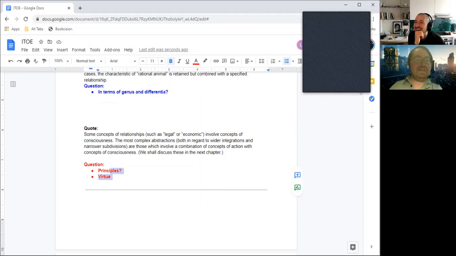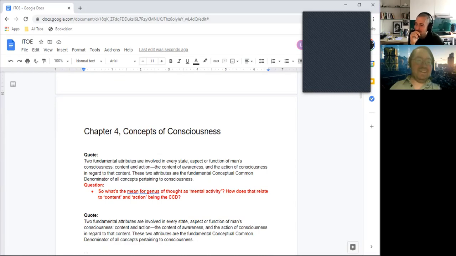It's hard to tell the difference between a value and a virtue. Values can be both. They're concepts of action and consciousness. So maybe actually it doesn't help. But yeah, concepts of consciousness, they're always tough.